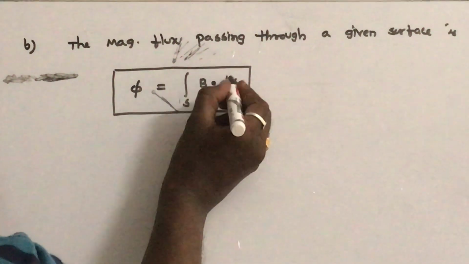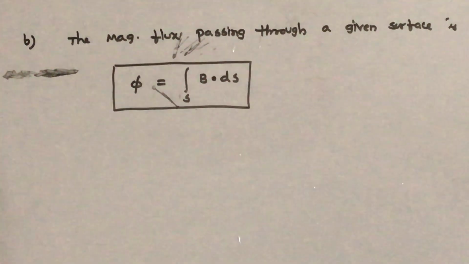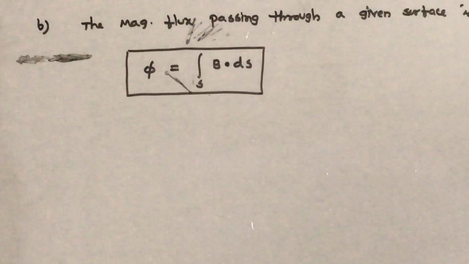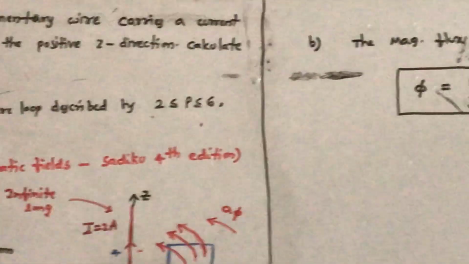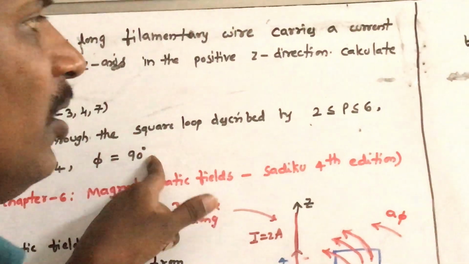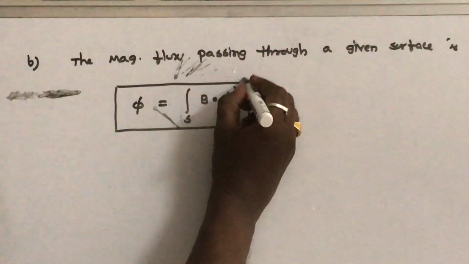In this problem, the surface given is rho varying from 2 to 6, z varying from 0 to 4, phi equal to 90 degrees. So first we have to find dS.